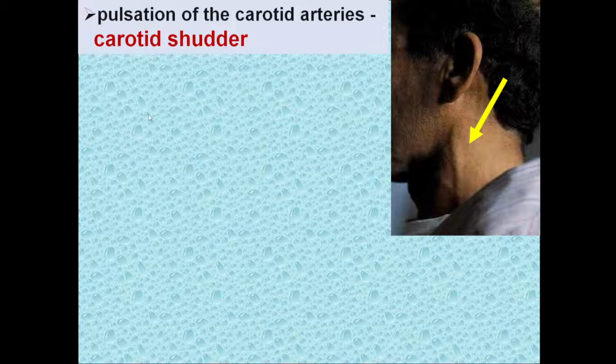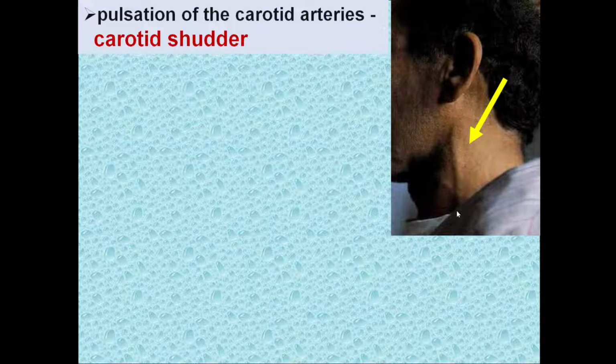And first of all, we will see the specific carotid shudder, pulsation of the carotid artery. Why? Because during the systolic period, arteries fill with blood; we remember the left ventricle is overloaded with blood volume, and as a result the heart stroke is increased. The carotid artery is full of blood.